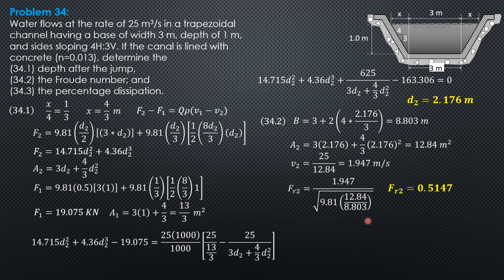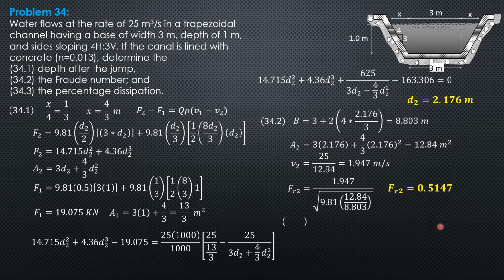So Froude number 2 is 0.5147, because FR1, or this one, occurs in the lower stage. So if you compute FR1, it should be more than 1. So this is after the jump, so expect a Froude number less than 1, or subcritical flow.